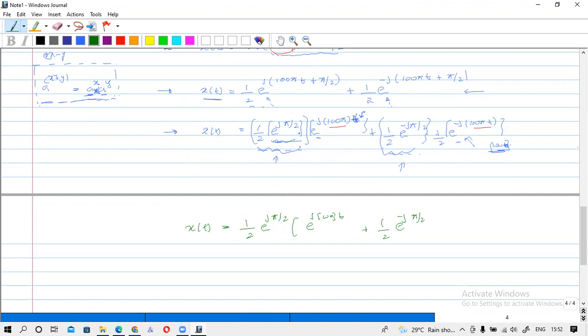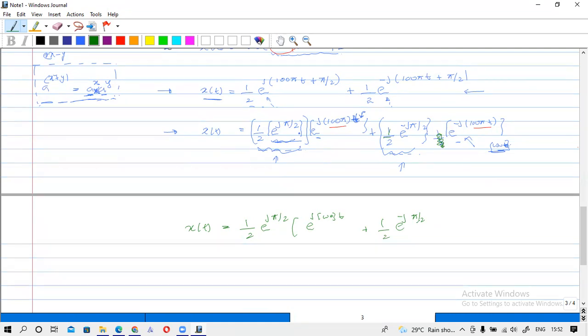Here there is no half, because I already wrote the half here. It is a mistake. So here I have e to the power minus j π by 2.